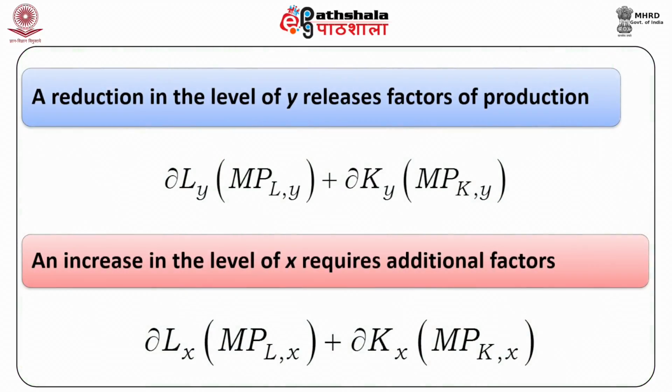A reduction in the level of y releases factors of production. Therefore, del Ly into MPLy plus del Ky into MPKy, that is marginal product of Ky. This shows how the total product is generated. An increase in the level of x requires additional factors of production.